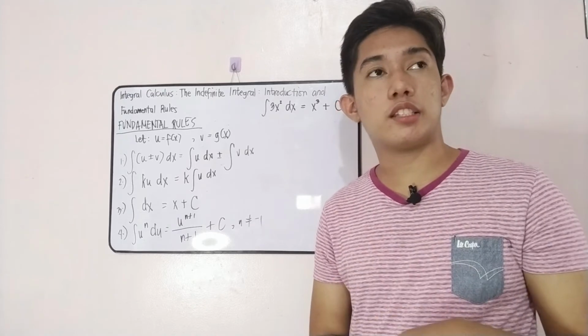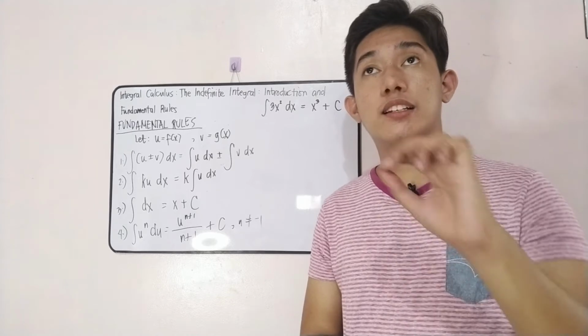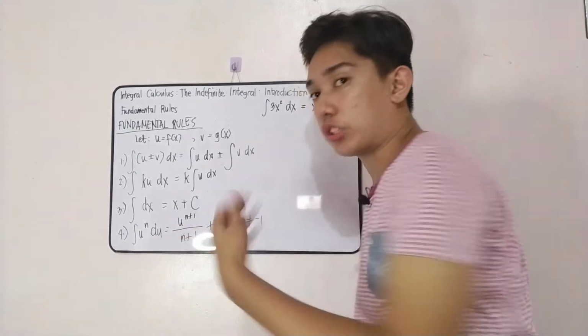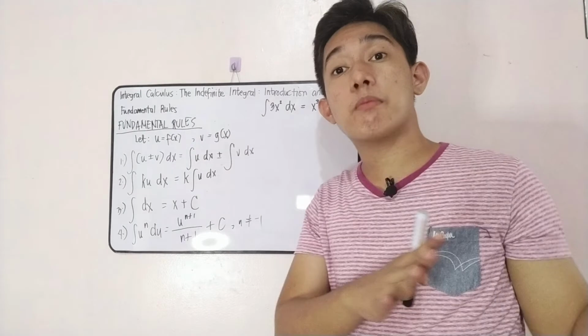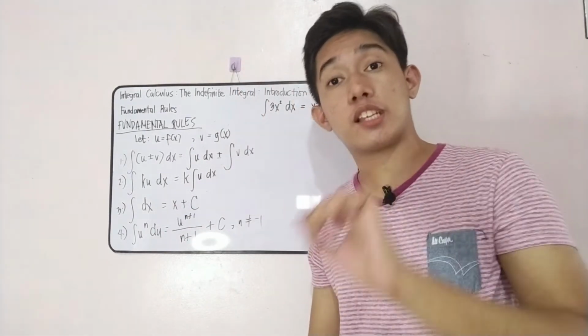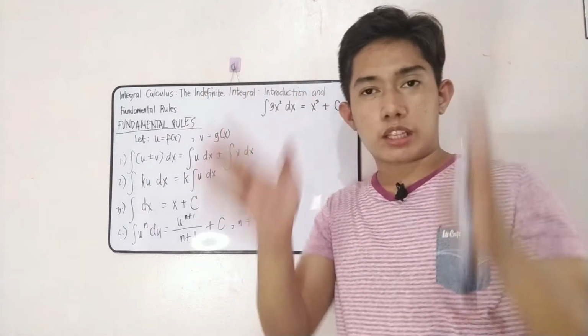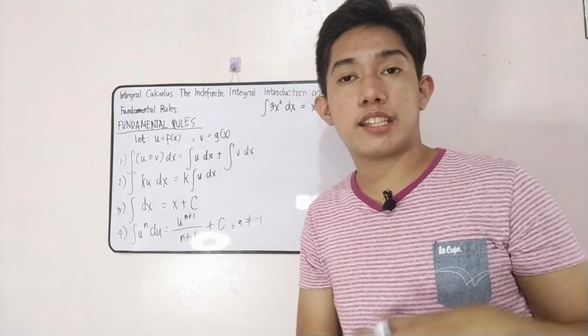For example, if it is a transcendental function, then we will add to the number of rules, let's say 4. For the next videos, I will just put 5, 6, and so on. It depends. That way you can follow along with our next videos.